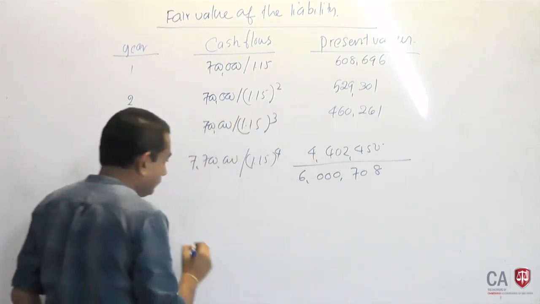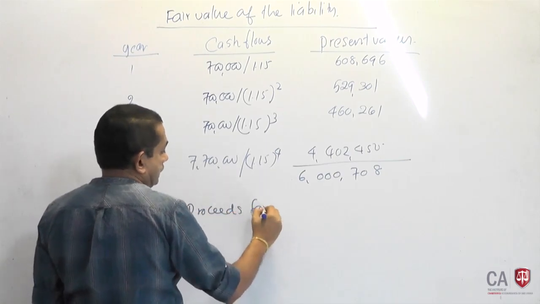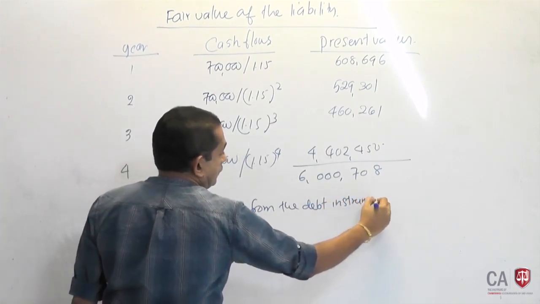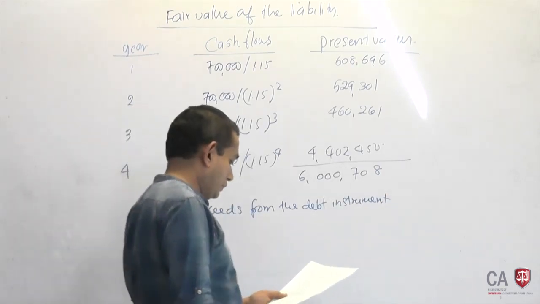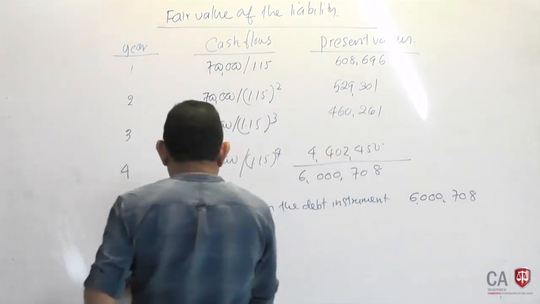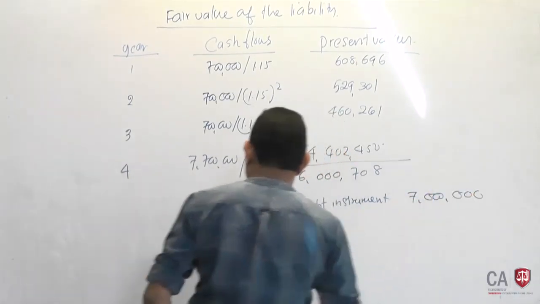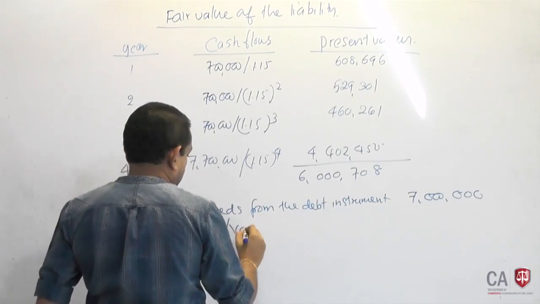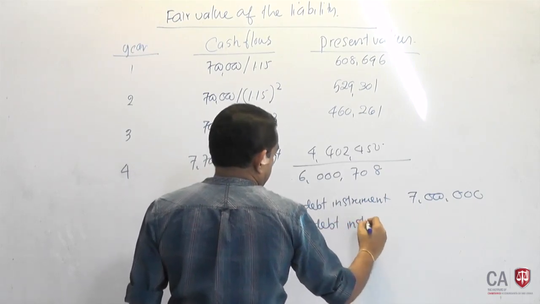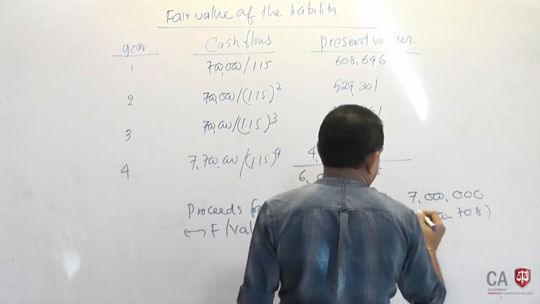Then value of the guarantee: proceeds from the debt instrument, 7 million, made a mistake earlier, minus fair value of the debt instrument, 6,708,000.